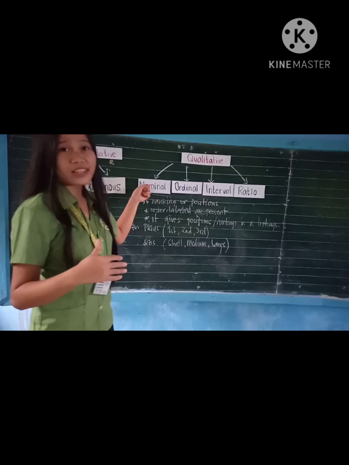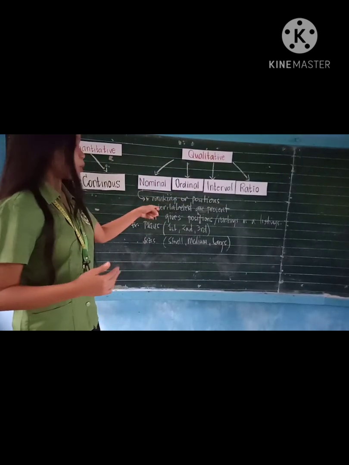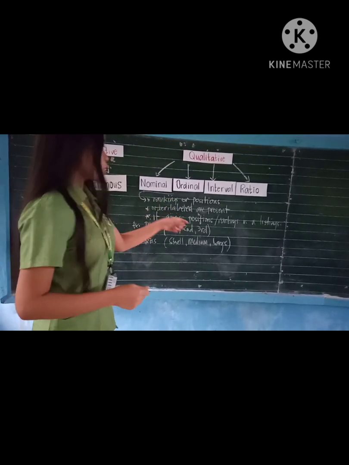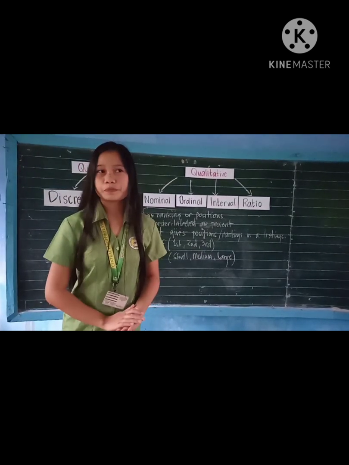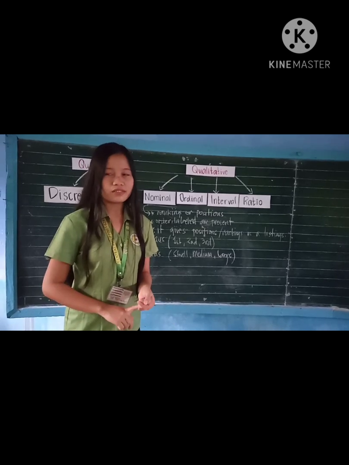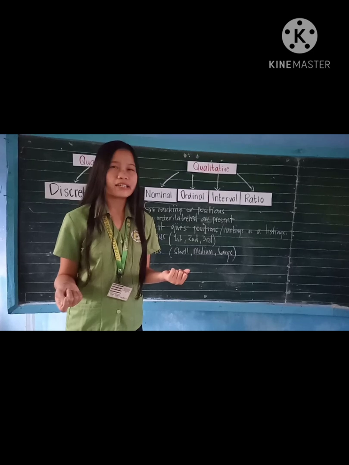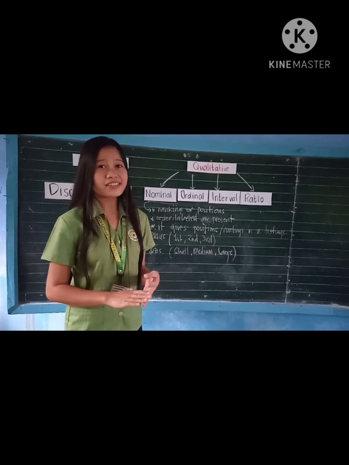Earlier, nominal has a label, and then ordinal has an order and a label now. It gives us position rankings in a listing. For example, rank 1, rank 2, rank 3. In a contest, the winners are expressed by first place, second place, third place.